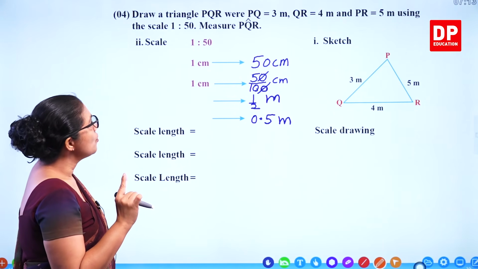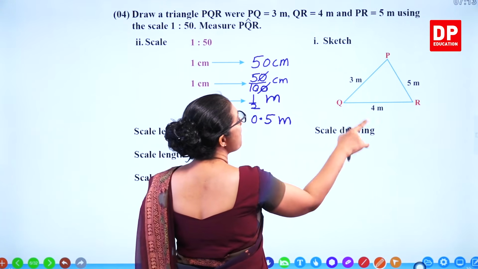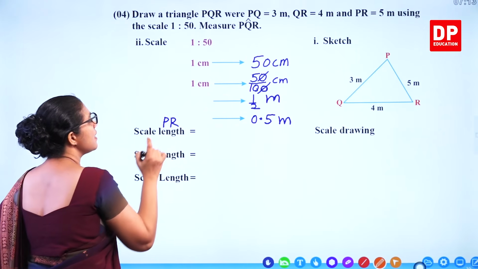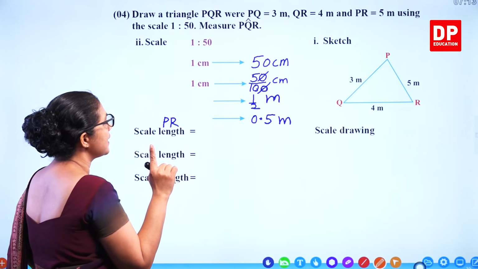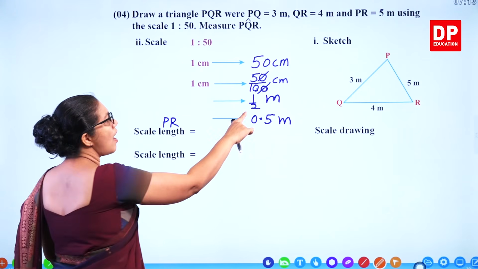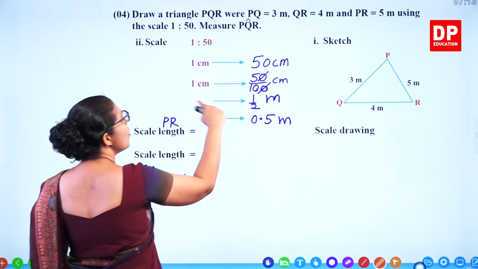Now you need scale lengths. So we'll take the first one, PR. I'll take PR first. That's 5 meter length. 0.5 or half meter. Now we can easily convert this the other way around.